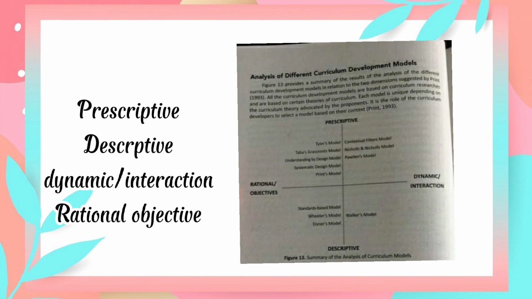There are four dimensions in this picture: prescriptive, descriptive, dynamic or interactions, and rational objective. But as we can see, most of the curriculum development models belong to descriptive and prescriptive. The linear model, standard-based curriculum development model, understanding by design, systematic design model, and Prince curriculum development model.